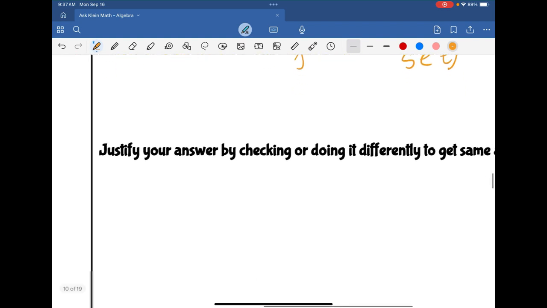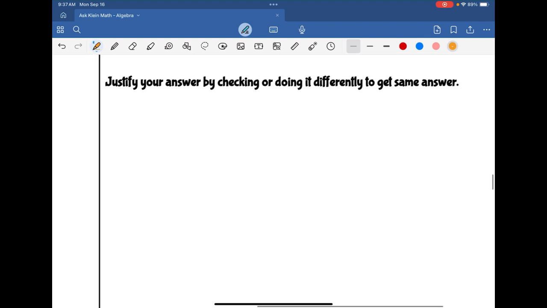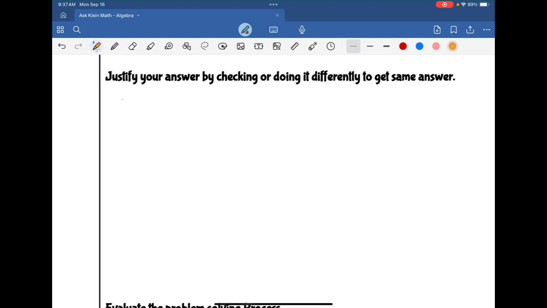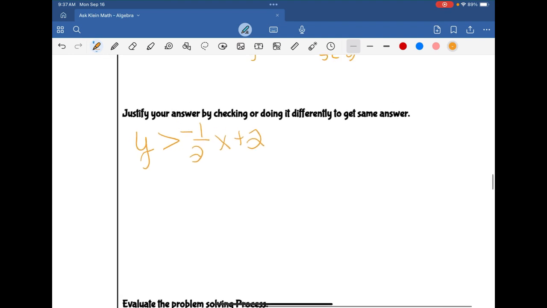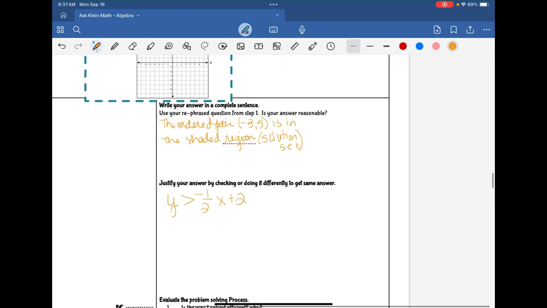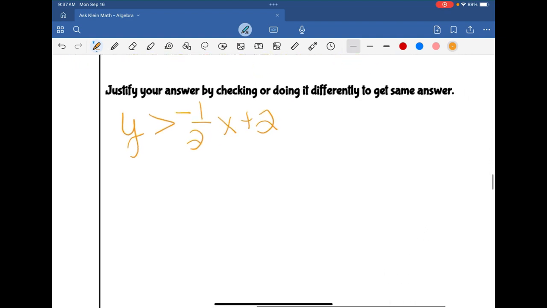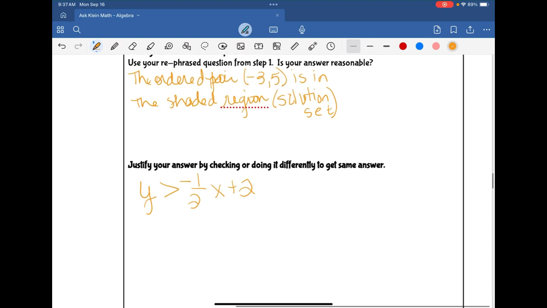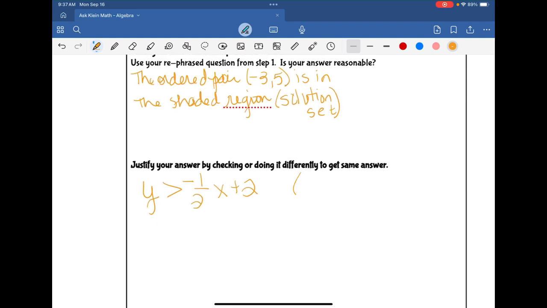All right, now I'm going to justify my answer. Just a few minutes ago, when I solved for y, I had that y is greater than negative 1/2 x plus 2. So another way of doing this would be to check each of those test points and compare them to see if it works. So I'm going to check my point, negative 3, 5. My x is negative 3 and my y is 5.